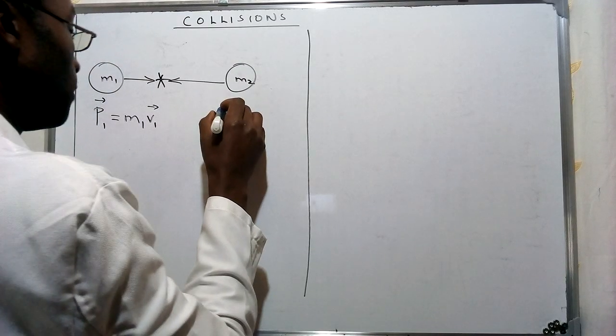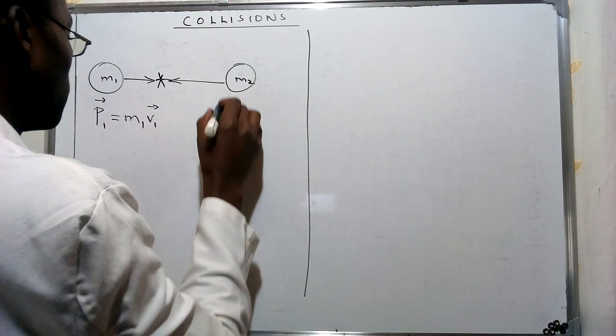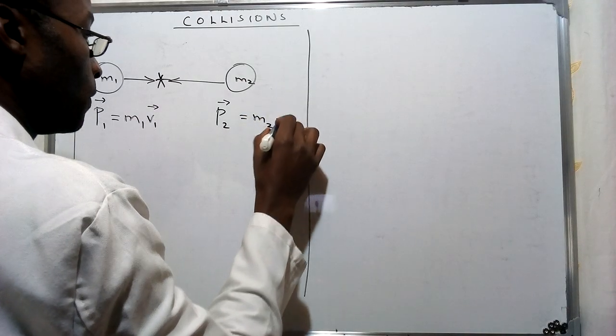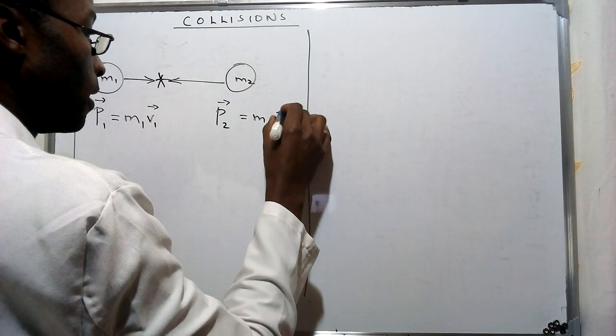We can also give the momentum of the second mass as the product of mass m2 and its velocity.